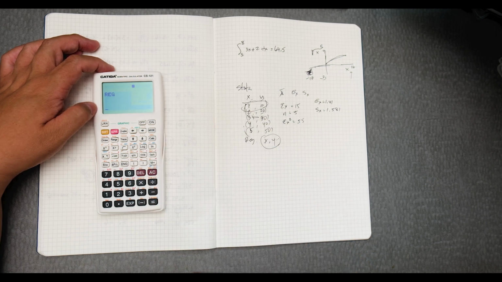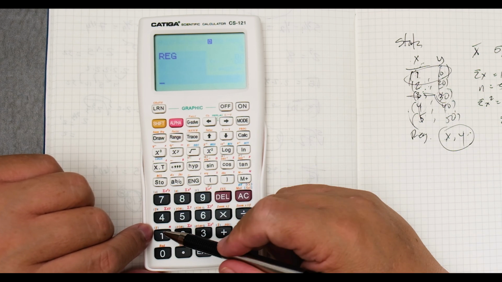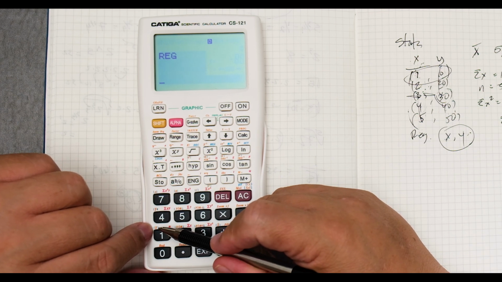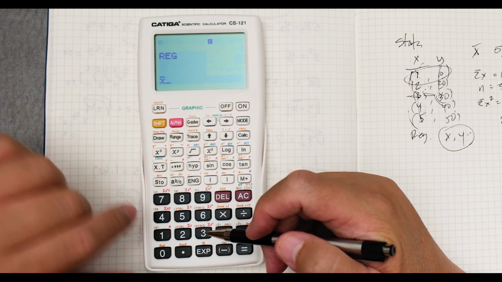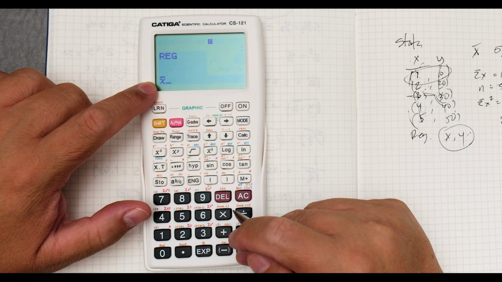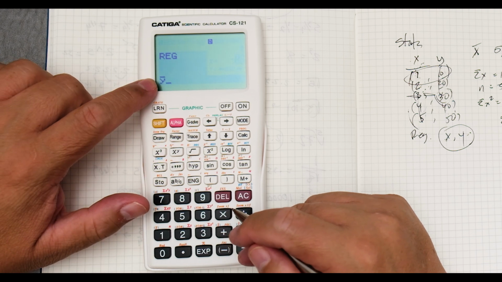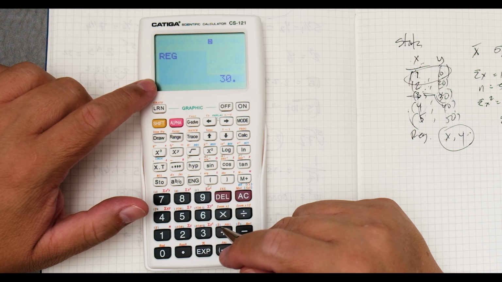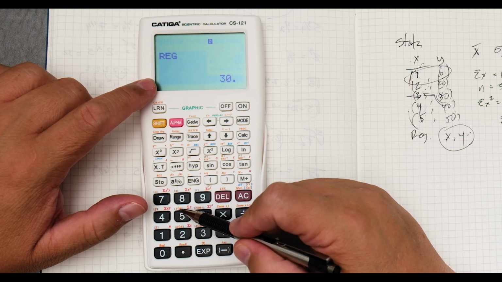Now we can do a lot of things. Now we have replaced the data. Let's find the mean of x. So go shift, x bar, the mean of x, 3. Shift 4 is the mean of y. Then we can do the standard deviation.